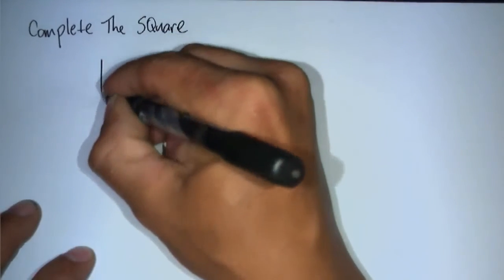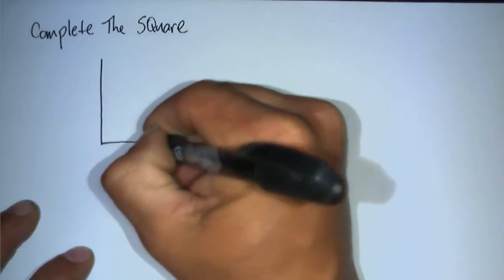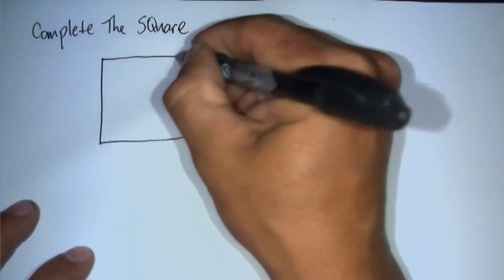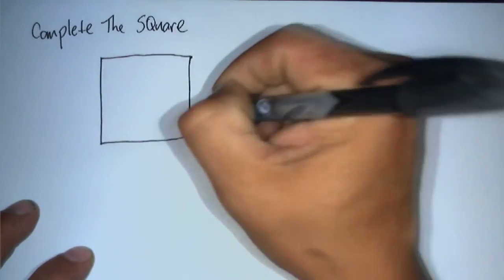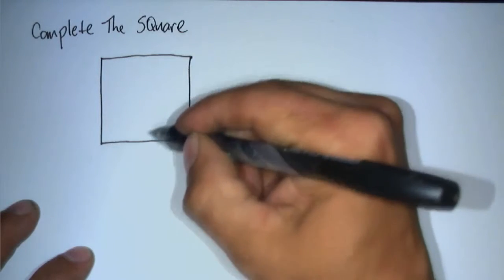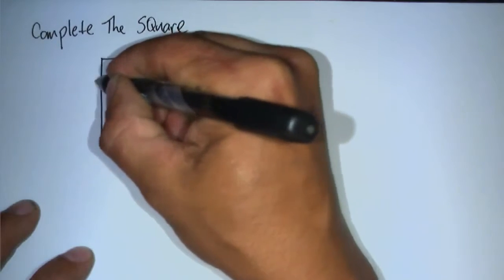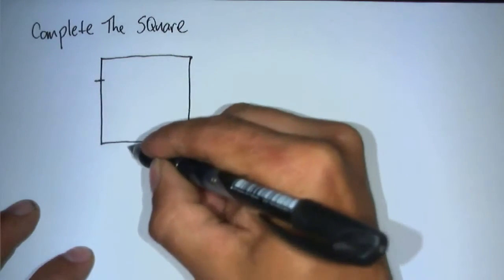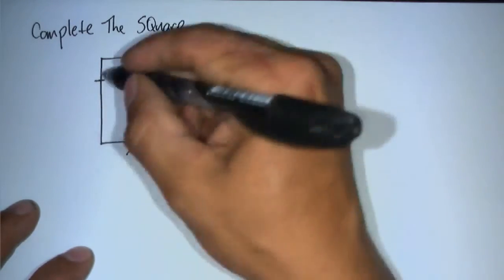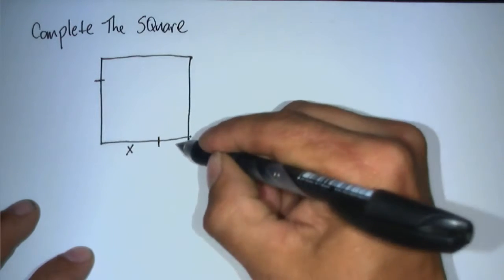So we have a square, and let's say it is formulated from two distances. We know that this distance is x, and this distance is a.